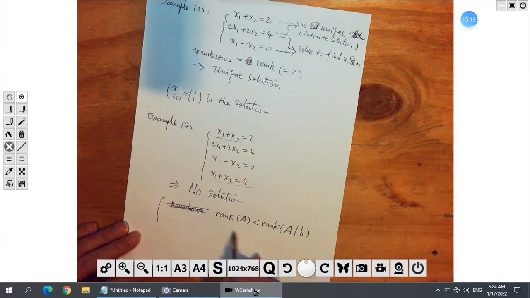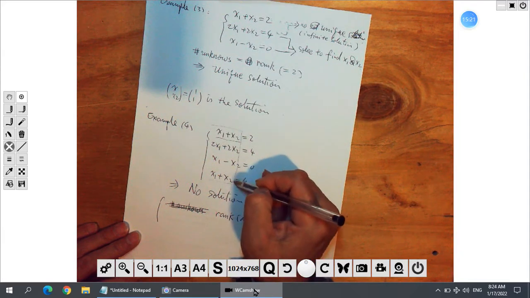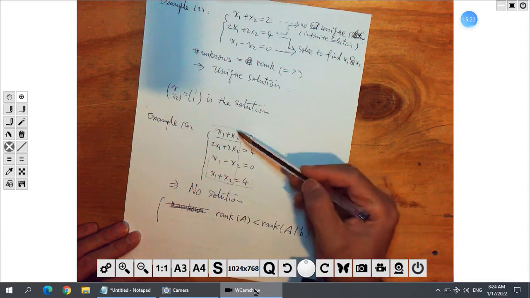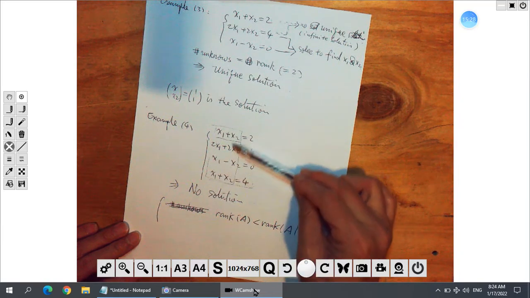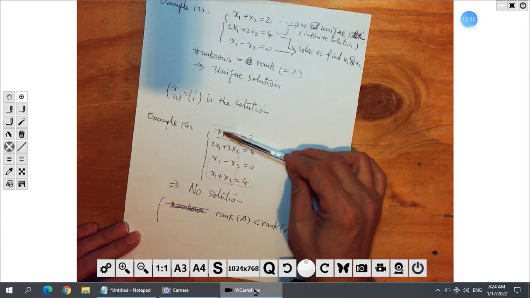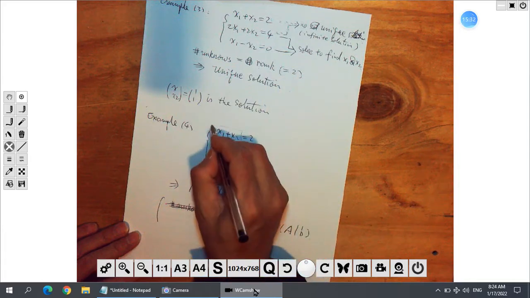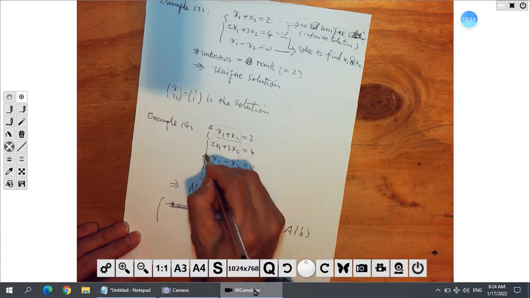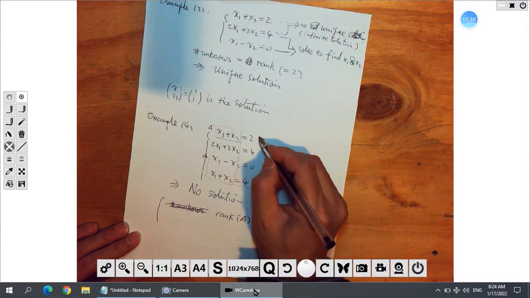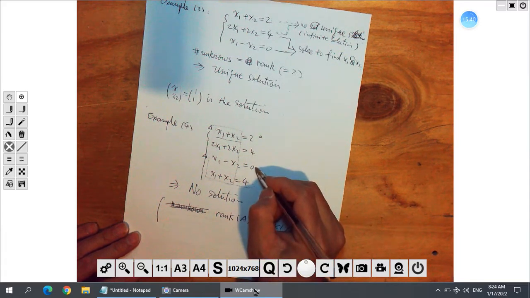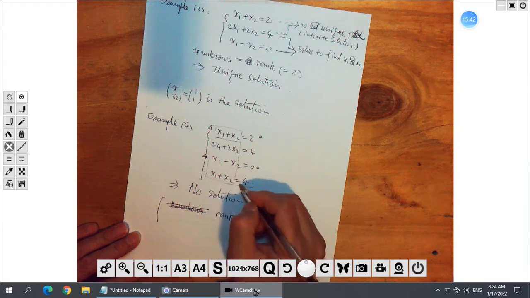This part. If you look here, you see the first one and the last one are the same. The first one and the second one are also a similar thing. So you can consider this equation, just consider the first and third. But on this side, the first one gave a number, the third one gave a number, the fourth one gave a different number.